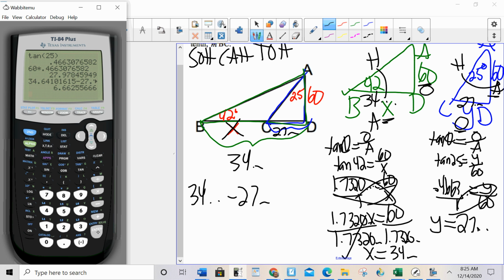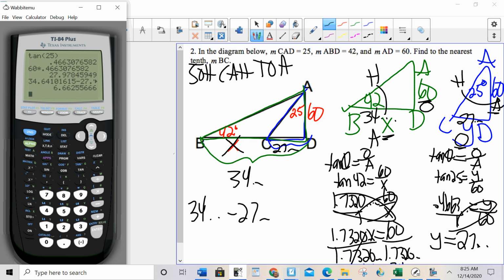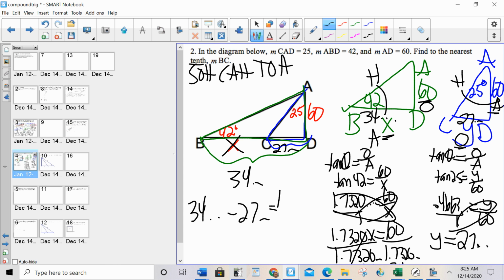It wants me to round to the nearest tenth, so that's 6.7. And that's my answer. So again, it's kind of long. It's a 4-point Regents question, but it's pretty straightforward. To find that missing piece, I'm going to have to subtract the two bigger pieces. So I use Sohcahtoa twice to find those two, the big piece and the small piece, and I subtract them.